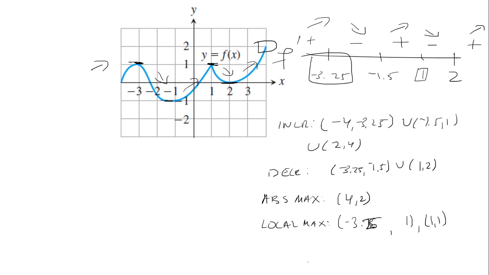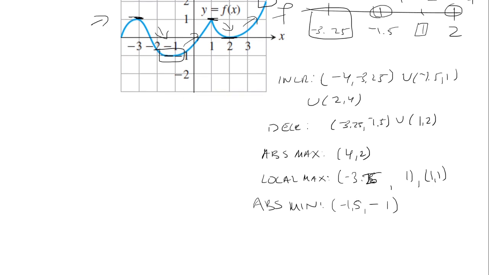Okay. And next we want the absolute minimum. We want the smallest y value, which is over here. So that's -1.5, -1. For the local minimum, we want it to change from decreasing to increasing. So that's over here, so it's -1.5 and 2.